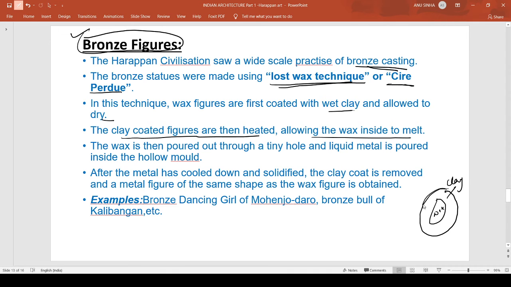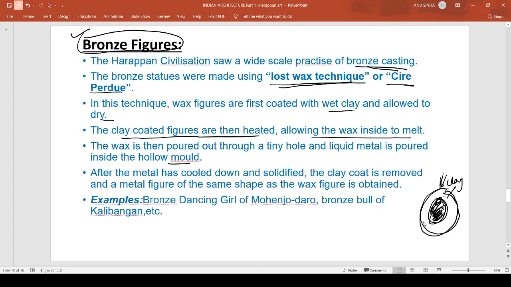So now I am heating this clay, and if I provide excess heat, the wax will melt. The wax is then poured out through a tiny hole, and liquid metal is poured inside the hollow mold.